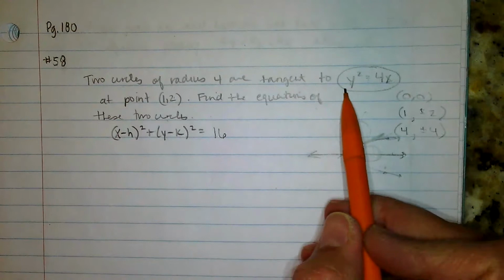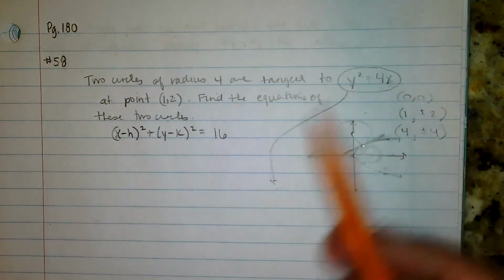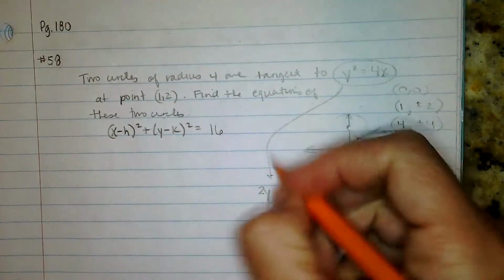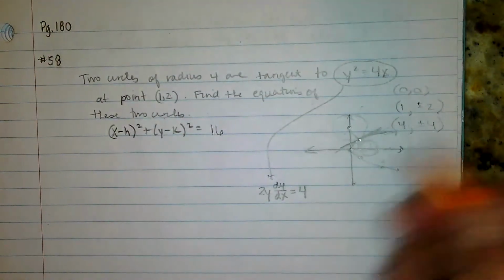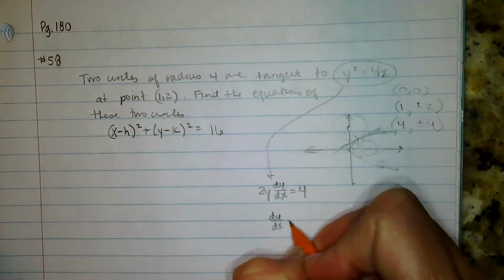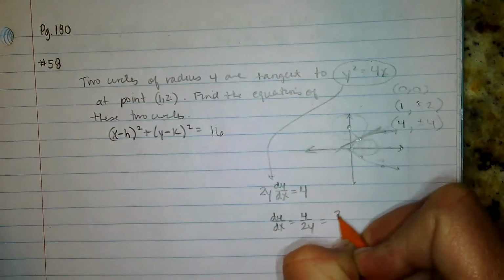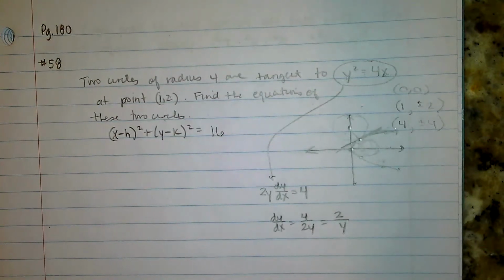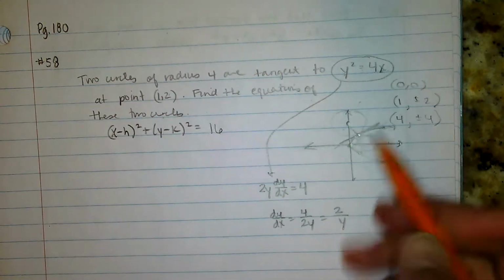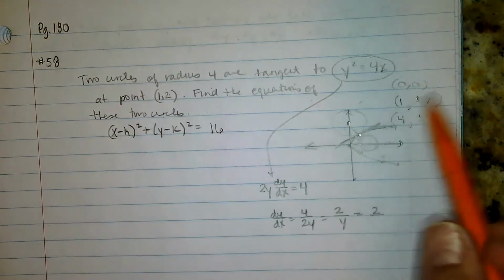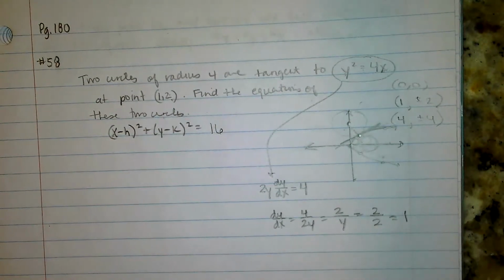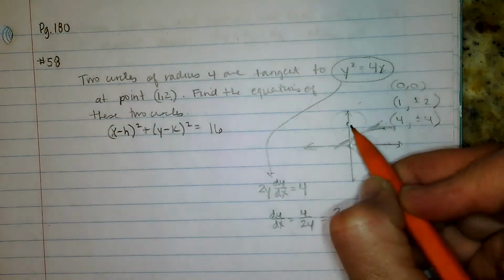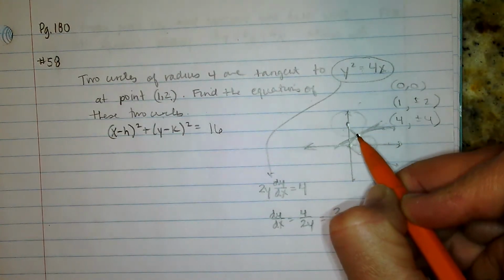The function's derivative is 2y dy/dx equals 4. When you solve for dy/dx, you get 4 over 2y, which is 2 over y. So the derivative at that location is 2 over the y coordinate, and the y coordinate is 2. So 2 over 2, which is 1. If this has a slope of 1, then this has the opposite reciprocal slope of negative 1.